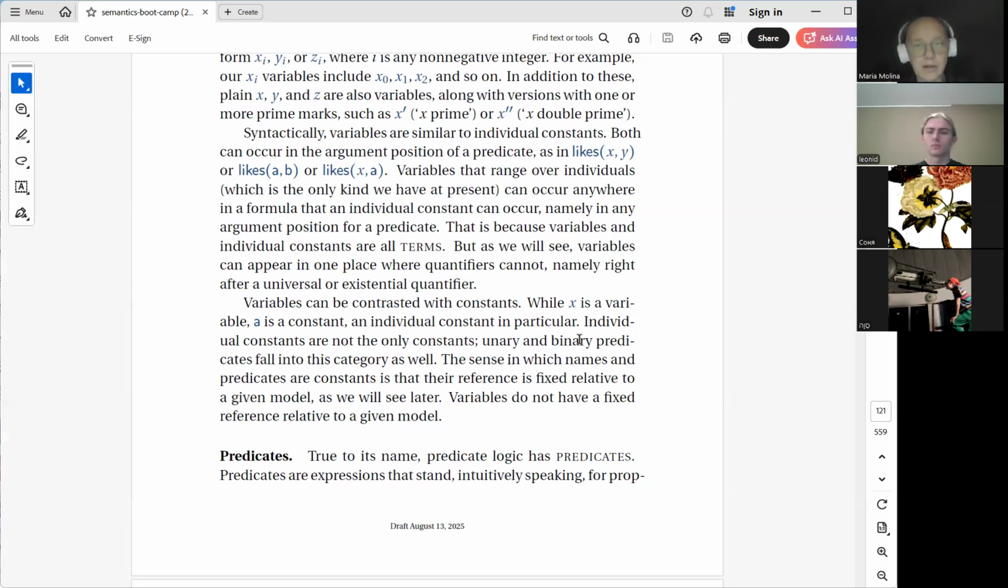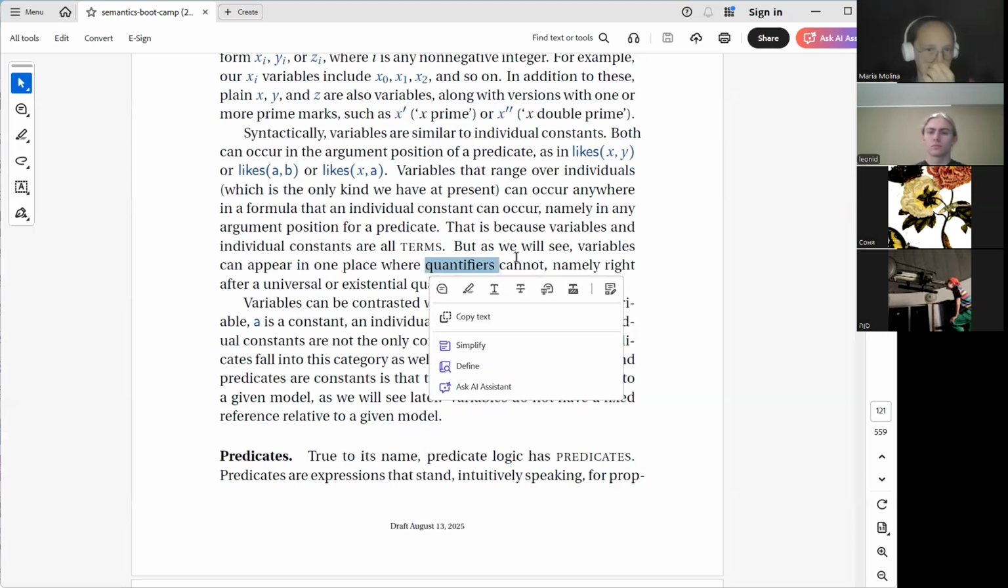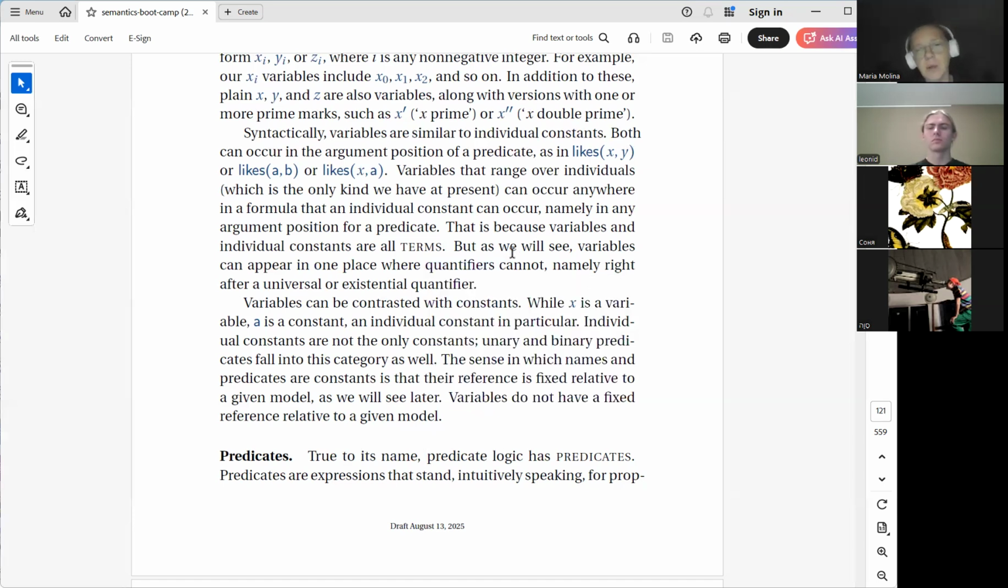Because both variables and individual constants are terms. Well, it's not quantifiers, it's individual constants. Variables can appear in one place where individual constants cannot appear, right after a universal or existential quantifier.